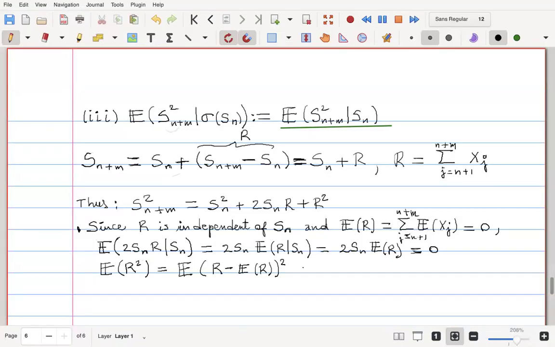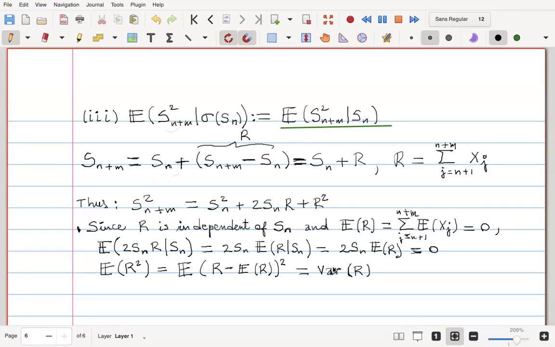So if you write this, it's nothing else than the variance of R. So that's the variance of R.